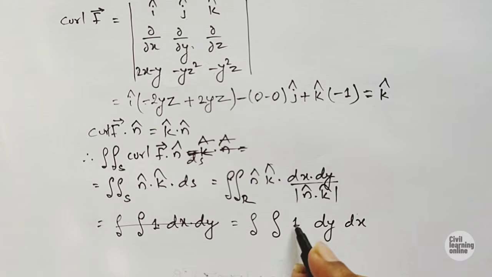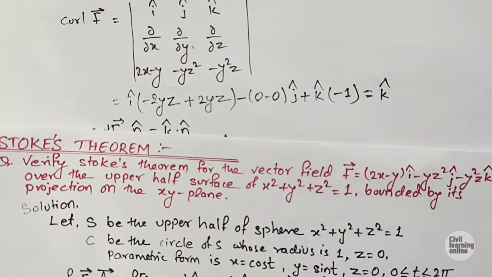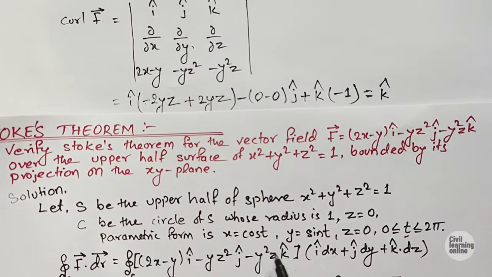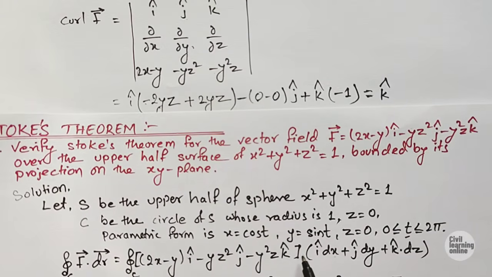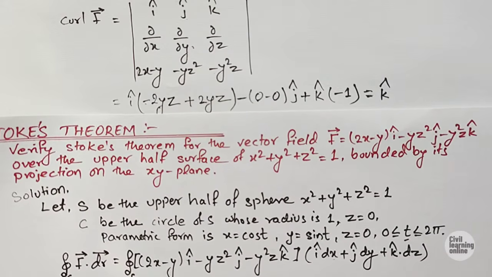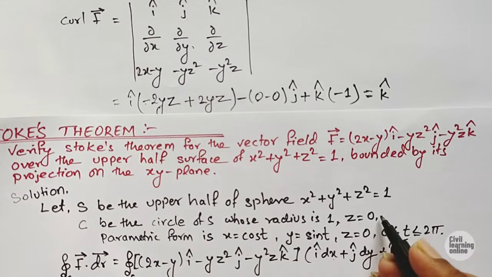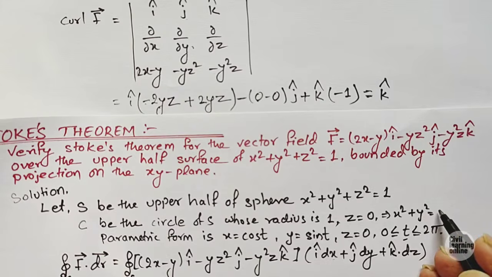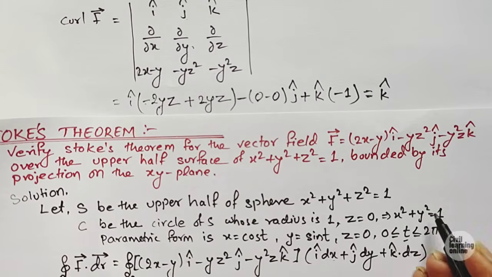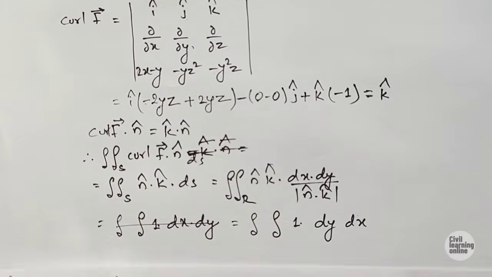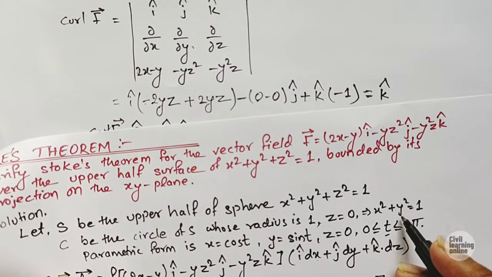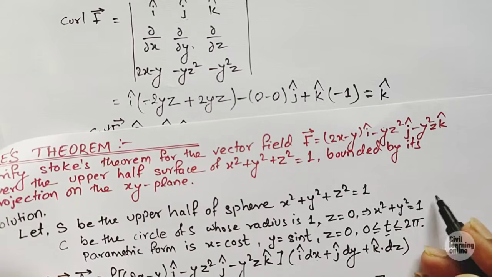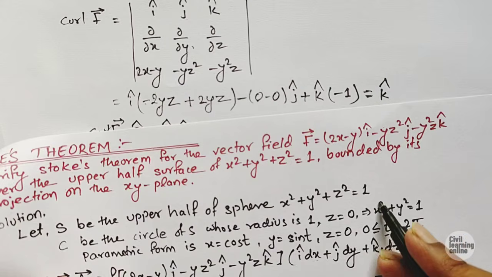And here it is 1. Why so? Because the equation of a circle in the xy plane is x square plus y square equals 1. Here r is 1, so x square plus y square equals 1. From here we can write that y will be equal to root under 1 minus x square, because we can bring x square to the other side.